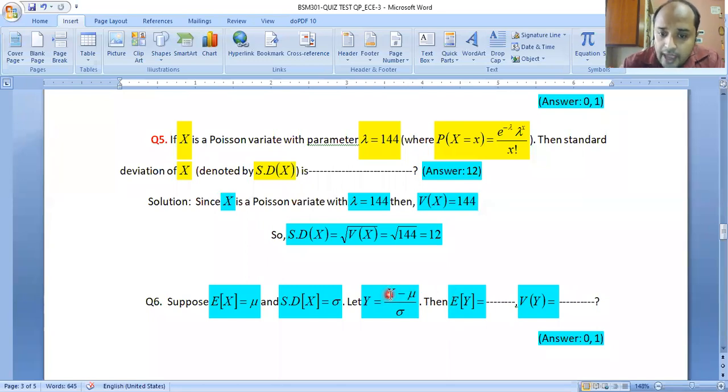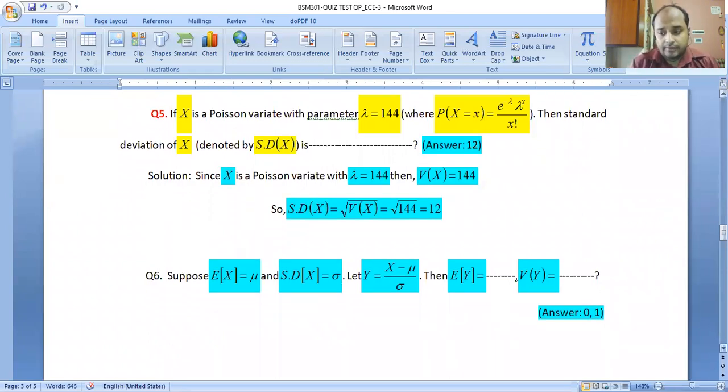And variance of x: since standard deviation of x is given to be sigma, variance of x will be sigma square. So ultimately for variance of y, we get sigma square by sigma square, and therefore the ultimate answer comes out to be 1. So variance of y is 1.